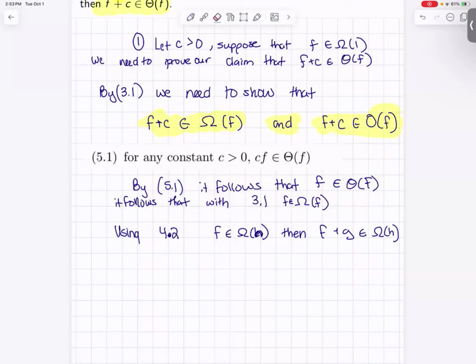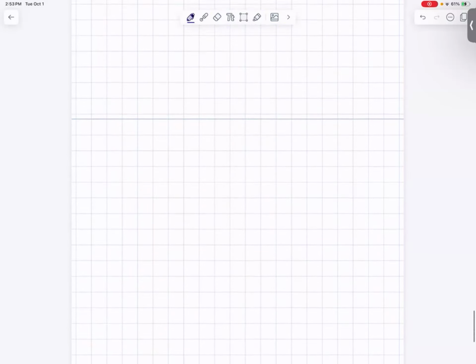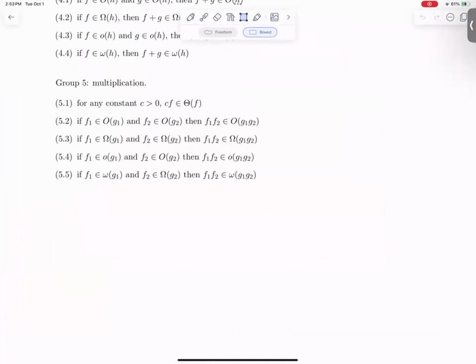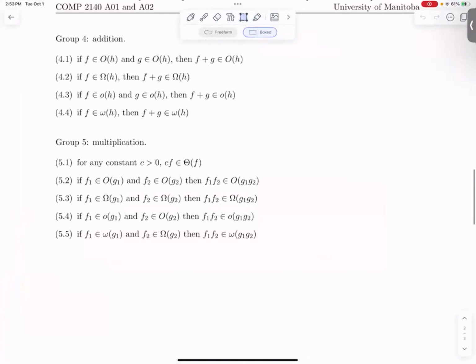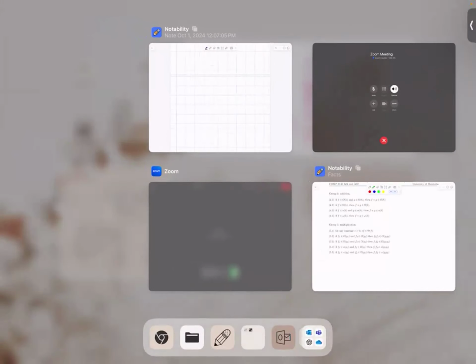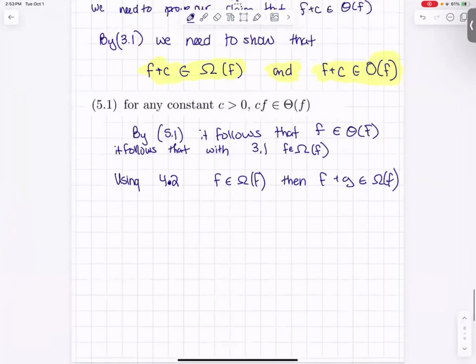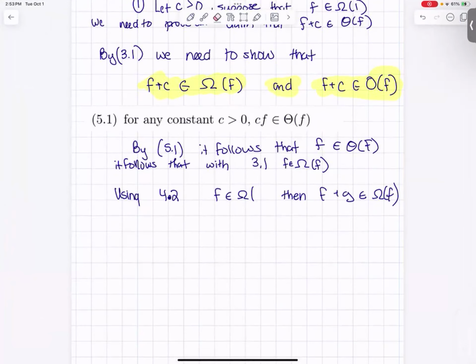If f is in big omega of f, probably supposed to be f. I can't remember. I don't have them memorized. You don't have to memorize them either. Let's go look and see, because I can't remember. Oh, it was h. I second guessed myself, but it was h. Okay. We can put h back so that it matches the property properly.